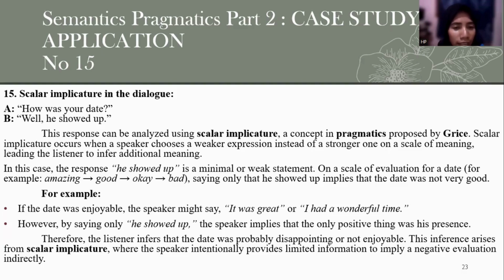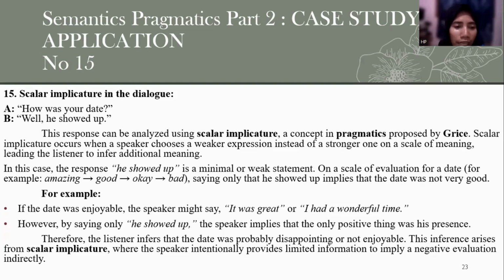In this case, the response is a minimal or weak statement on a scale of evaluation for a date, for example: amazing, good, okay, bad. Saying only okay implies that the date was not very good.